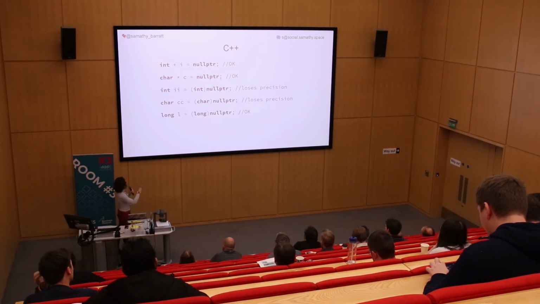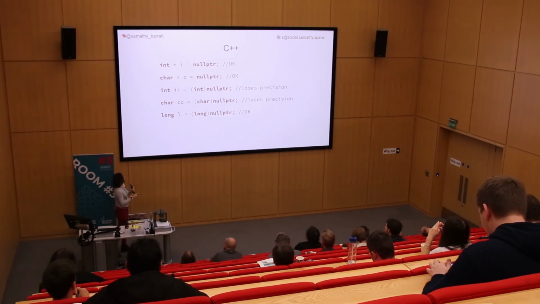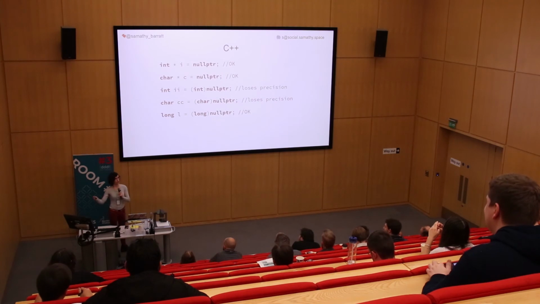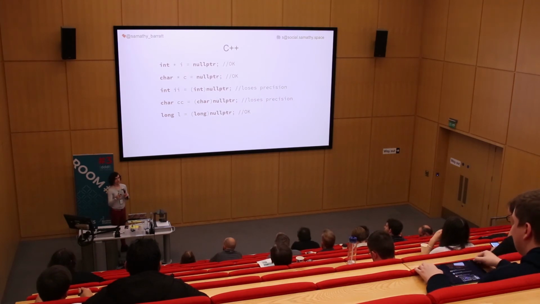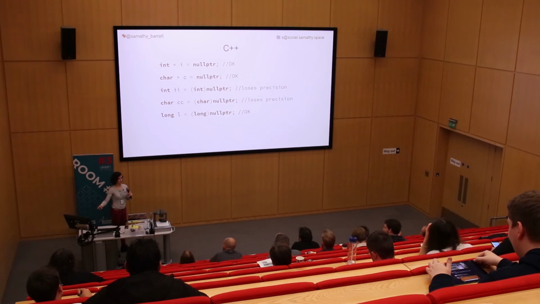So essentially what this boils down to at the bottom here is if I try to cast a null pointer to an integer, that's like saying, hey, I want you to take this 64-bit integer and try to fit it into 32 bits. The compiler will go, no, no, that's bad, do not do that. Likewise with a character. It will go, hey, that's only 8 bits. No, you can't do that.